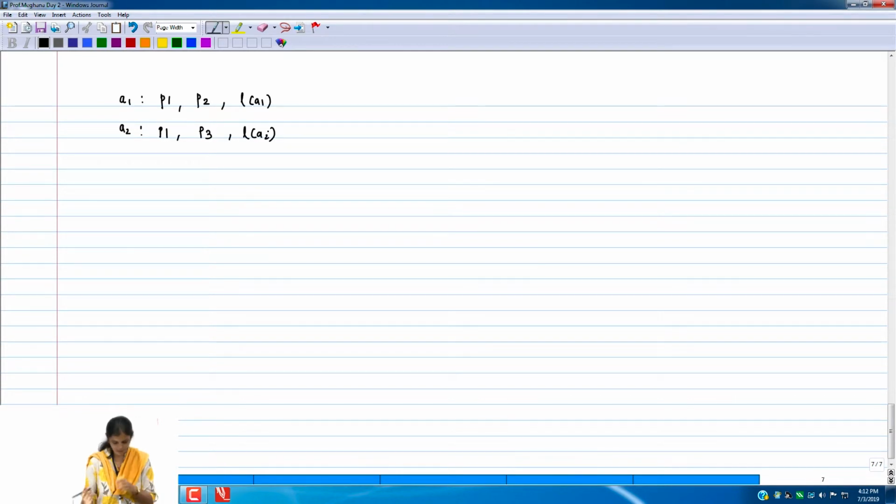Yes. So I will construct the reduced graph also. A1 P1 is an edge, A2 P1 is also an edge, and what are the S posts? A1 P2 and A2 P3.